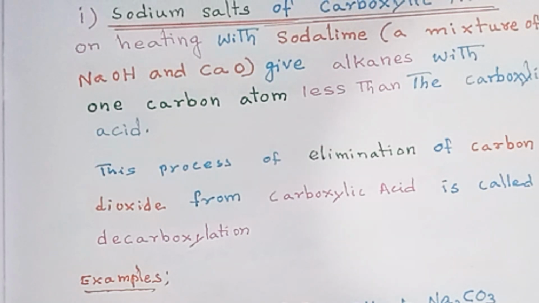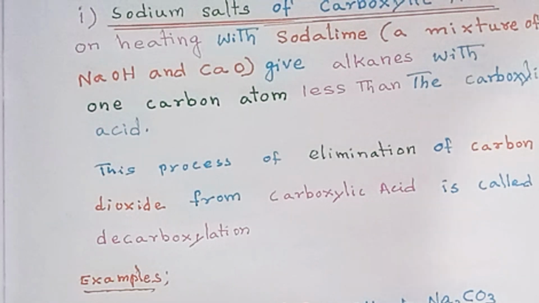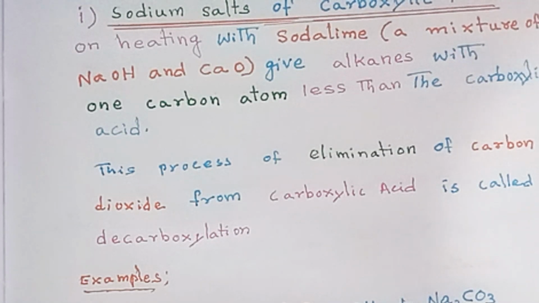This will combine with sodium hydroxide in presence of calcium oxide on heating to give CH4, that is methane, and sodium carbonate. This sodium carbonate will dissociate into sodium oxide and CO2. This is carbon dioxide. This is elimination of carbon dioxide.